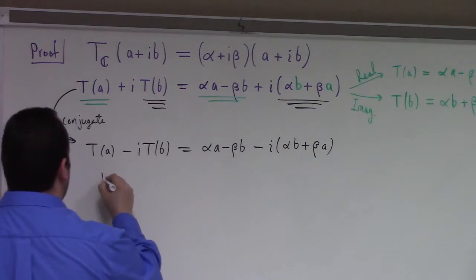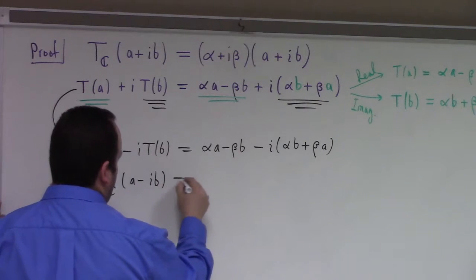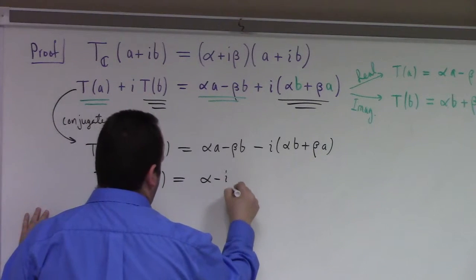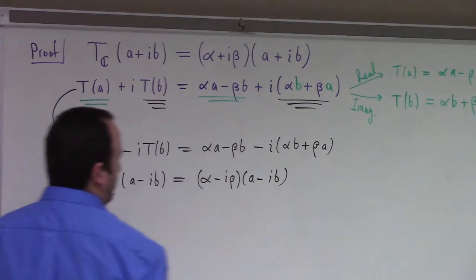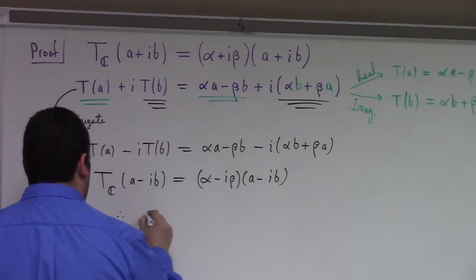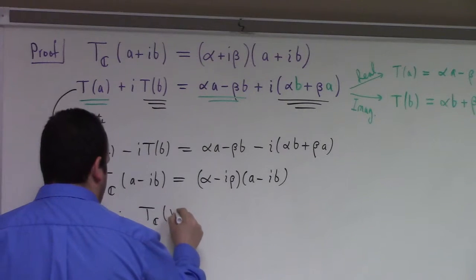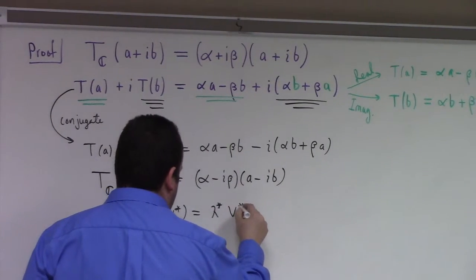This is the complexification on a minus ib is equal to alpha minus i beta times a minus ib, on multiplying. That proves, so therefore, Tc of the conjugate of v is equal to the conjugate of lambda times v conjugate.